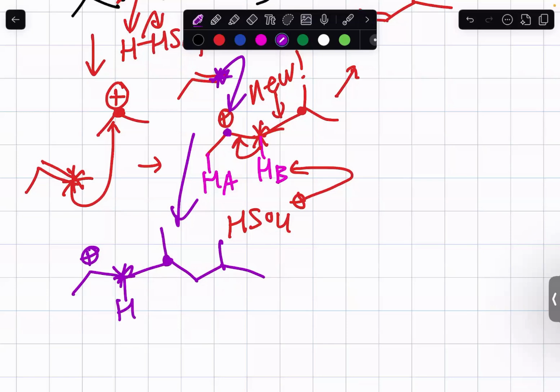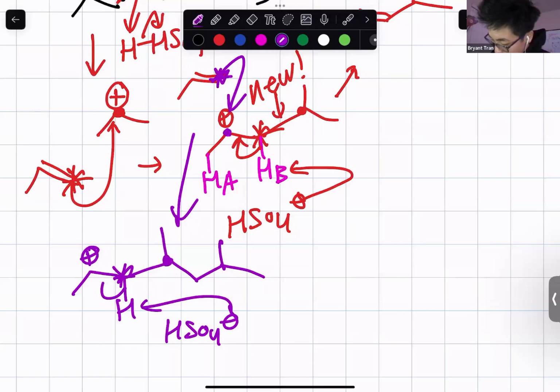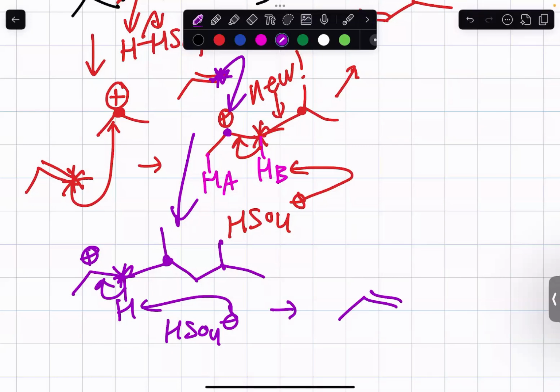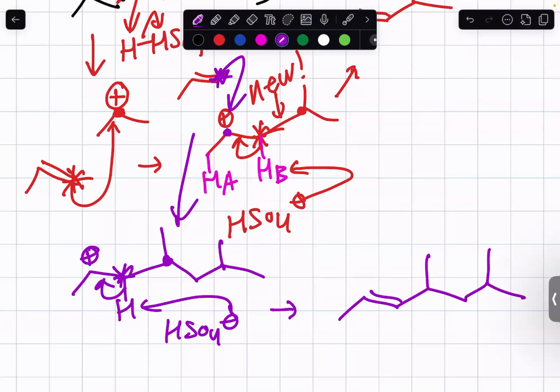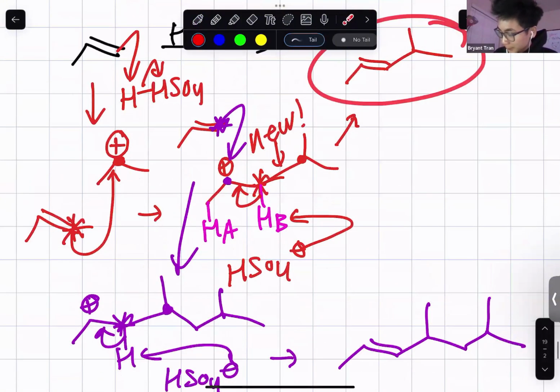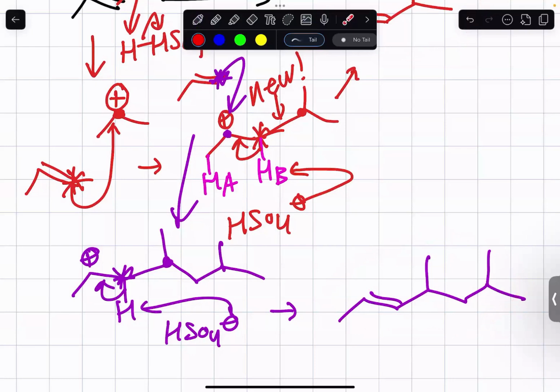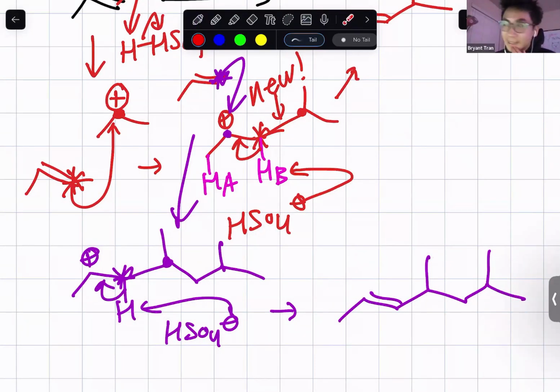We grab the most substituted beta hydrogen with the HSO4 minus, make a double bond there to give me this alkene right here, right? And now this is a trimer because we combined 3 alkenes together. This right here would be a dimer, this would be a trimer. A polymer would be many alkenes combined together like that.